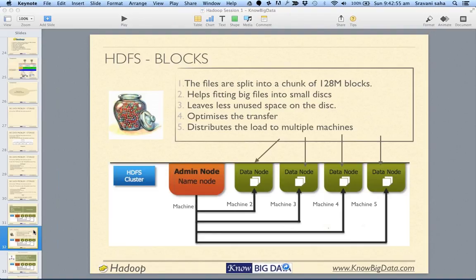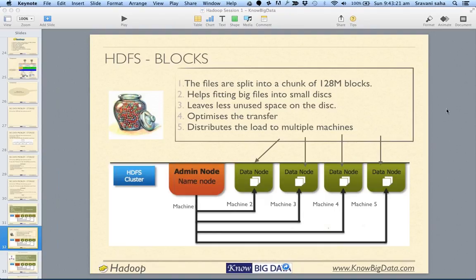It distributes the load to multiple machines. As we talked about in the earlier session, in case there's a new movie release and everybody wants to watch that movie, that problem is also solved, because a 1 GB movie will have 8 blocks, which means eight machines can simultaneously cater to this data.